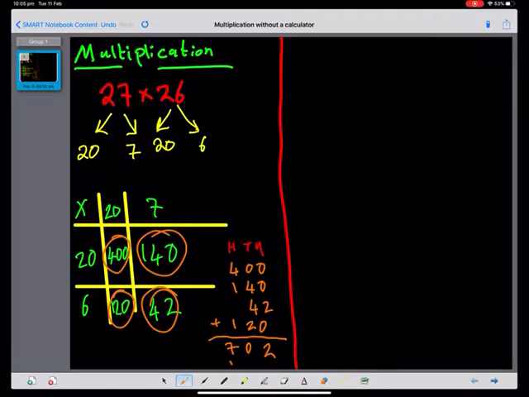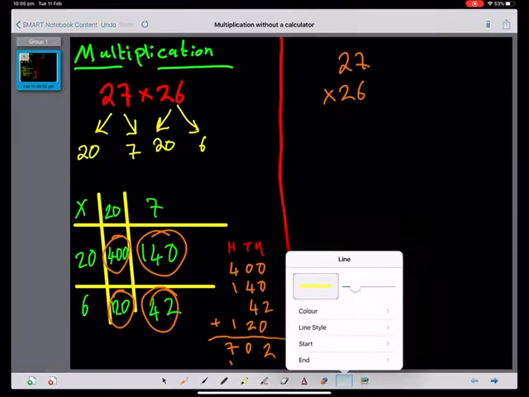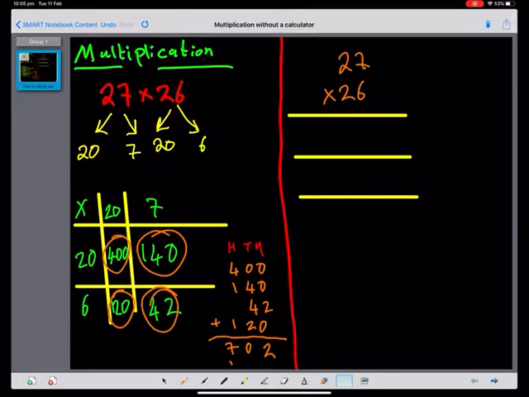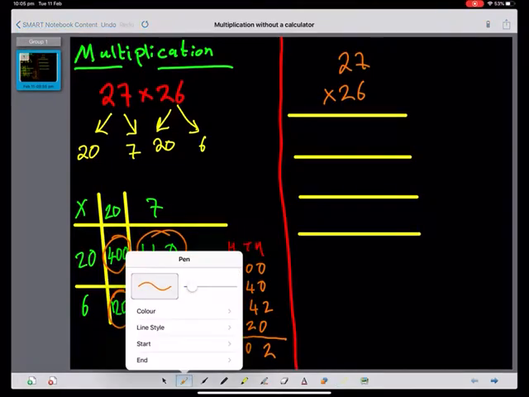So let's do the column algorithm. So we've got 27 multiplied by 26. Let's do 3 lines. 1, 2, 3, and then a final line for the addition. Let's do the solution in green.